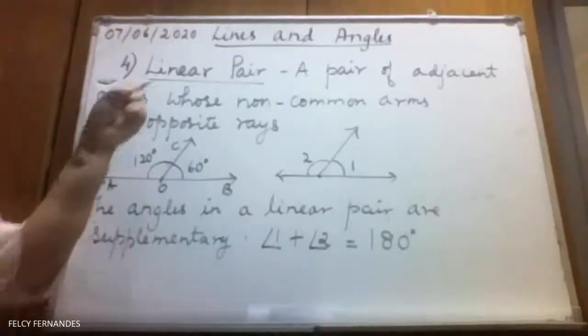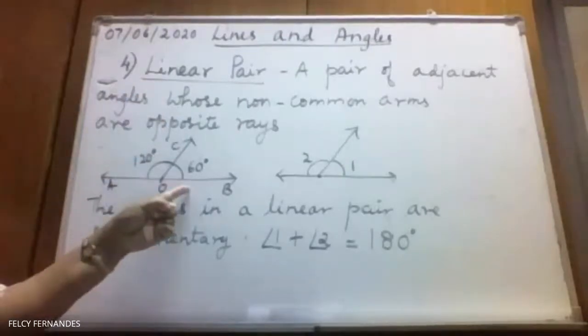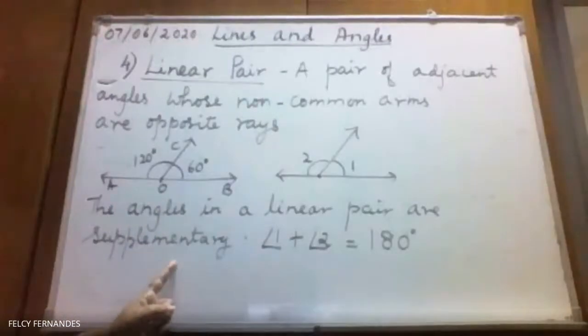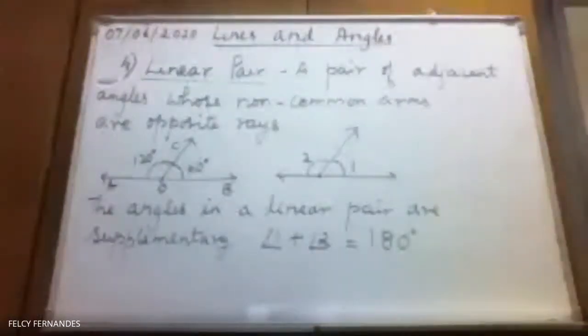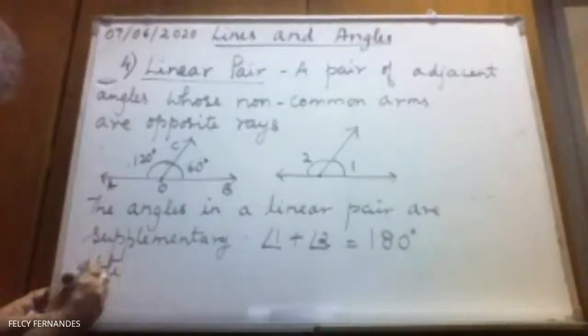Now, such a pair of angles is called a linear pair. Note down, children, draw both the diagrams, and then write down this point also. Below that, we'll write down a small note. This helps you later.